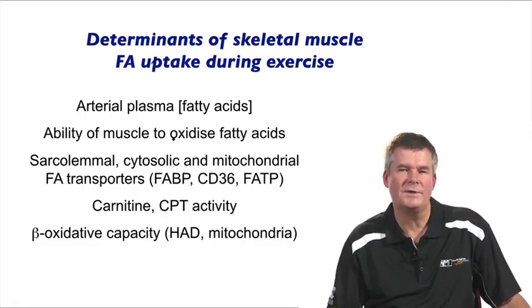A number of proteins have been identified. These include the fatty acid binding protein, FABP, another fatty acid binding protein called CD36, and fatty acid transport protein, or FATP. And these proteins are involved in transporting fatty acids across the sarcolemma, across the largely aqueous environment of the cytosol inside the muscle, and also across the mitochondrial membrane.